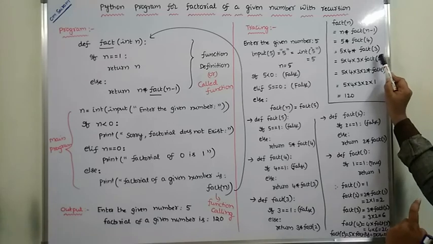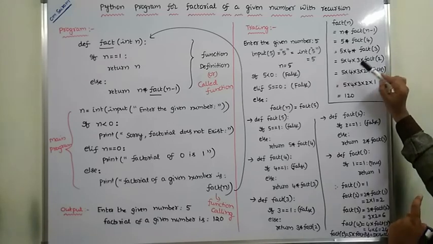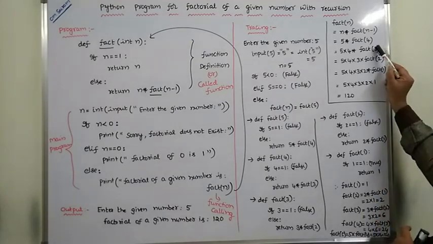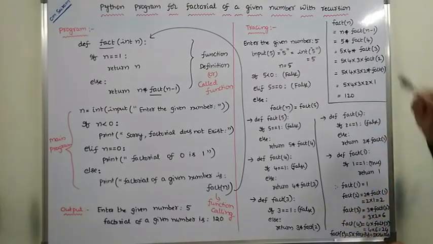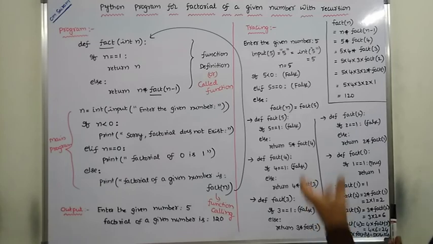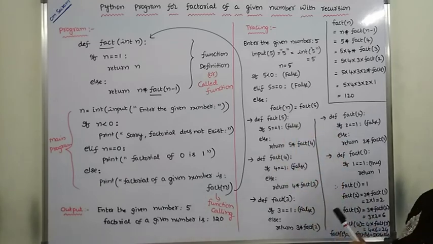So after fact of 2 is calculated, 5 into 4 into 3 into 2. Next fact of 3 is calculated, next fact of 4 is calculated. Finally, we are calculating the fact of 5 in this way. So this is the recursive program for finding the factorial of a given number.